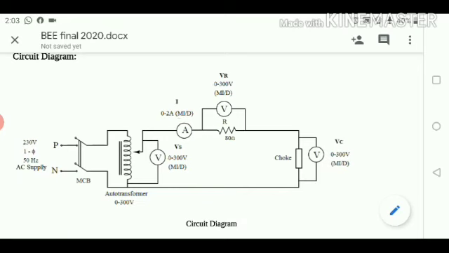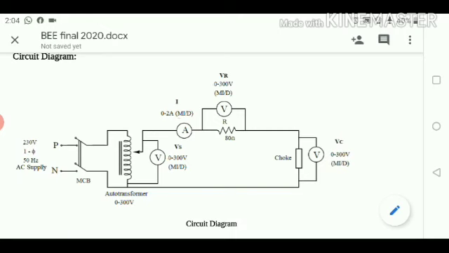The starting terminal of the variac will go to the starting of the ammeter, then the ending of the ammeter to the resistance, then the ending of the resistance to the starting of the choke coil, then the ending of the choke coil back to the other side of the auto transformer. So we will be doing this experiment.